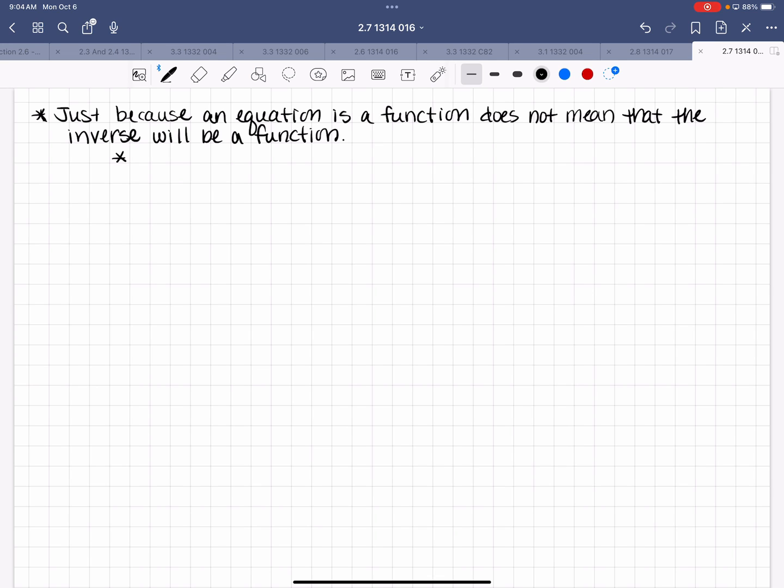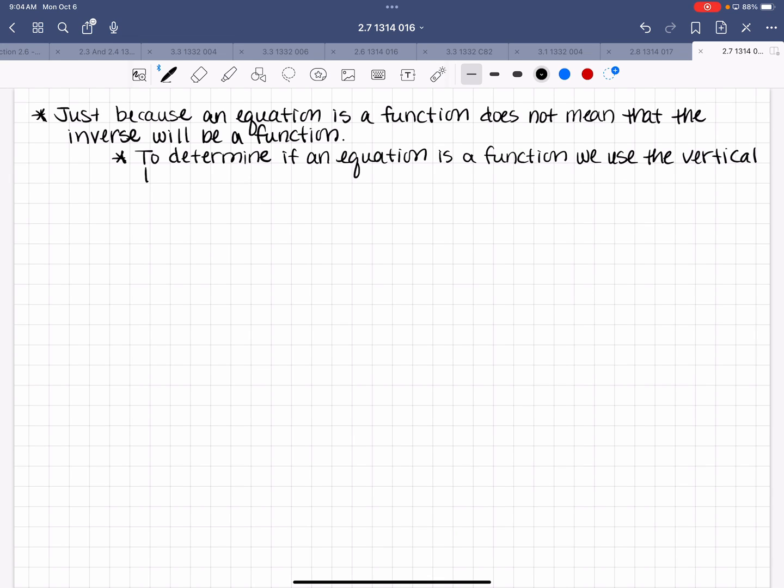To determine if an equation is a function, we use the vertical line test on its graph.